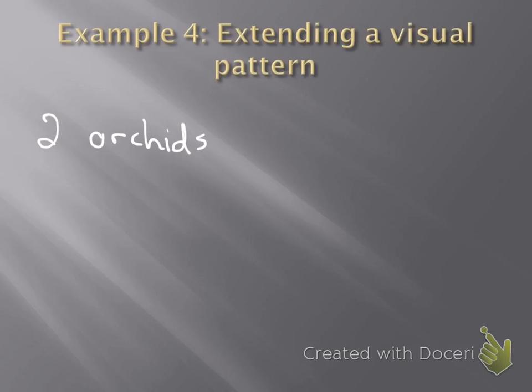You don't have to draw the flower, we'll just describe it. 2 orchids. And what's going to be the next one after the 2 orchids? Yellow carnation. So we just described the next flowers in our visual pattern.